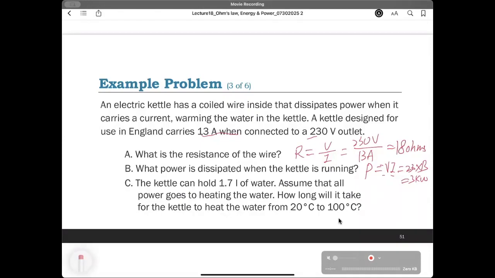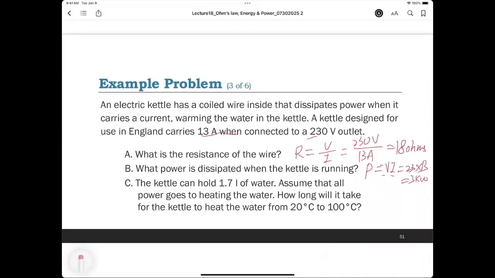Let's check question C. The kettle can hold 1.7 L of water. Assume that all the power goes into heating the water. How long will it take for the kettle to heat the water from 20 degrees to 100 degrees? The heat transfer you have already learned in chapter 12 in College Physics 1.